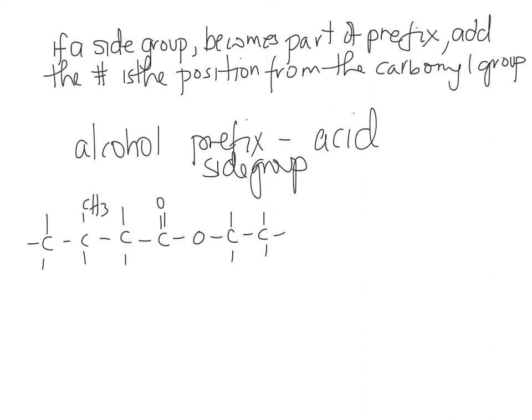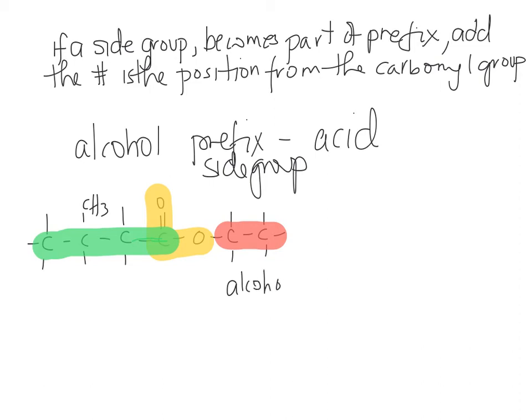Here we've got our functional group right here. Here's our ester. So this portion came from the alcohol, and this portion came from the acid. The alcohol portion comes first.